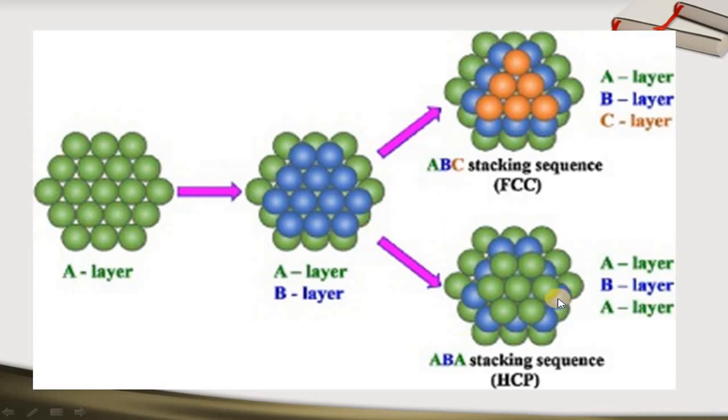If the tetrahedral holes present in this AB layer are covered, we will have AB type of packing or AB stacking sequence, which is also called hexagonal close packing. While if the octahedral holes present in these layers are occupied by the third layer, then we will have ABC type of packing or ABC stacking sequence, which is also called cubic close packing. So these are the different packing arrangements in the solid.